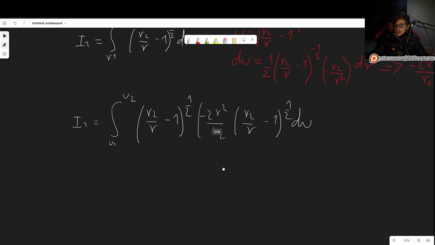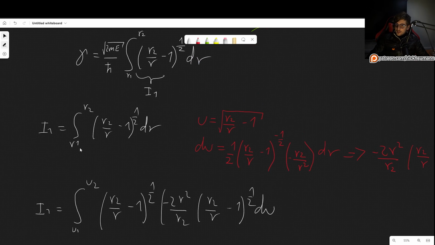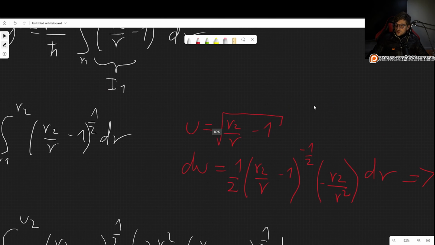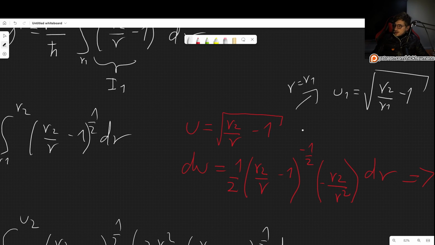Okay, so let's do this step by step. So what is u1? Well, the limit 1 is r1. So if we plug in r equals r1, we get u1, which is square root of r2 over r1 minus 1. And if we plug in r equals r2, we get u2 is equal to square root of 1 minus 1, so 0.